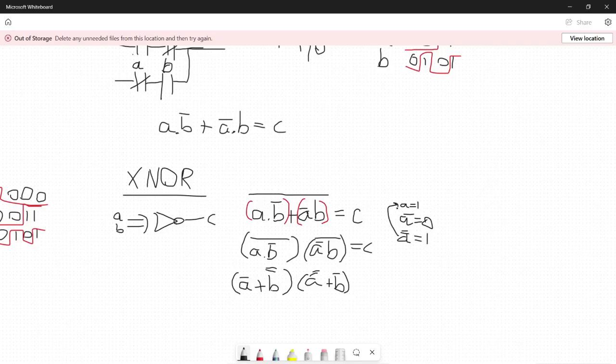Therefore, this is equal to this. So when we see two lines like that, we can just cross it. We can't cross these two because that covers both of them and not just B, but we can cover it here. So what we get is A invert plus B, A plus B.